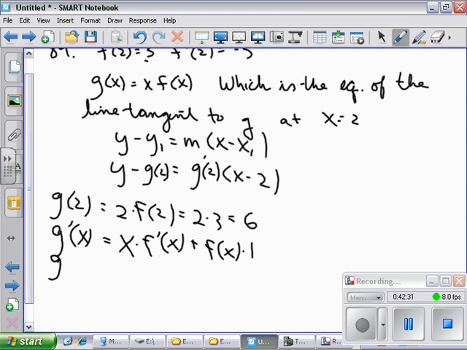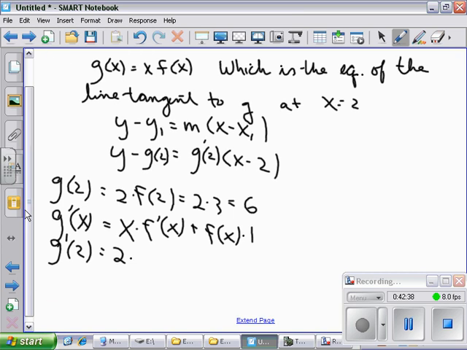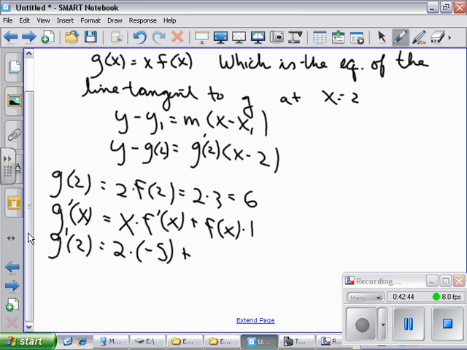Now we can get what g prime of 2 is, because it's going to be 2 times f prime of 2, which they did give us, negative 5, plus f of 2, which is 3, times 1. So g prime of 2 will equal negative 10 plus 3, which is negative 7.